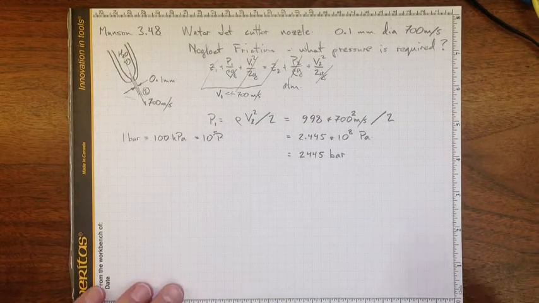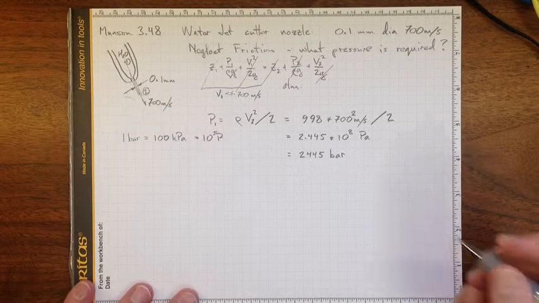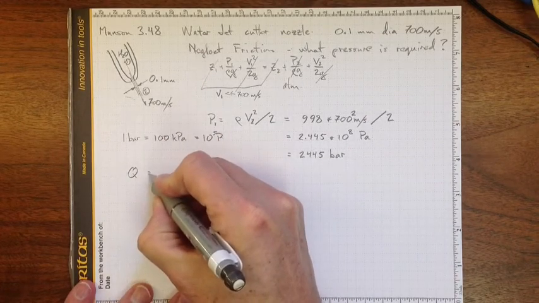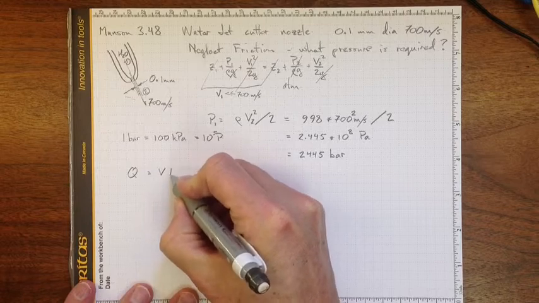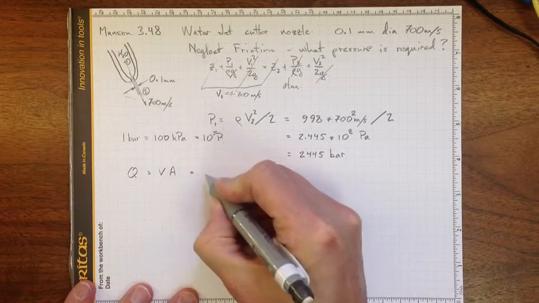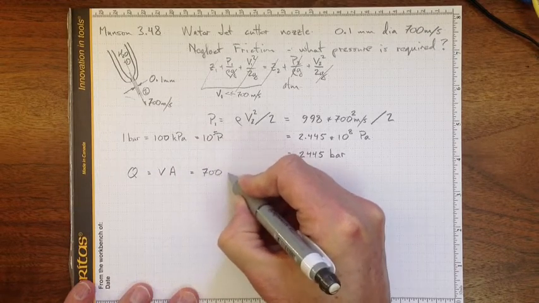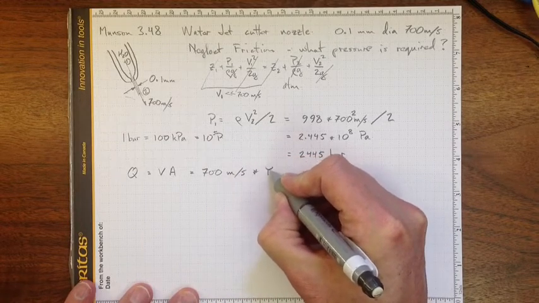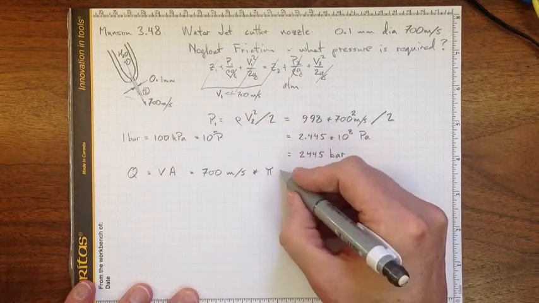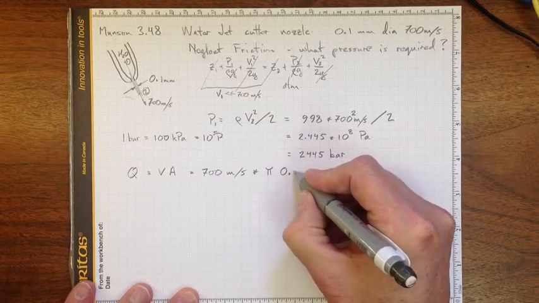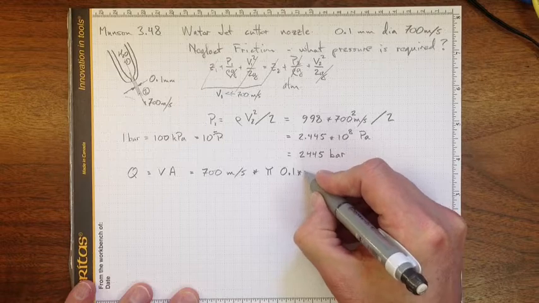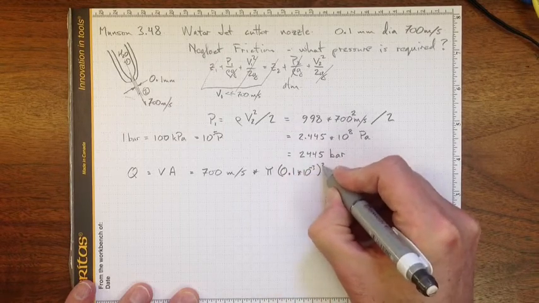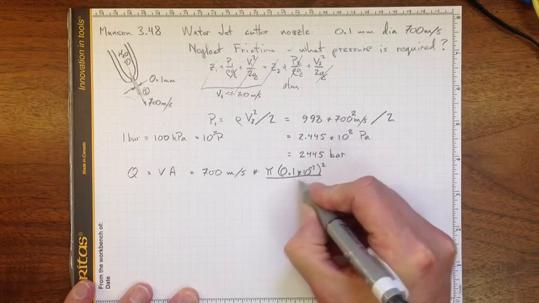The question also asks, what's the flow rate? So we're interested in the volume flow rate Q, which will be the velocity times the area. 700 meters per second times pi times the diameter squared, 0.1 times 10 to the minus 3 squared, over 4.